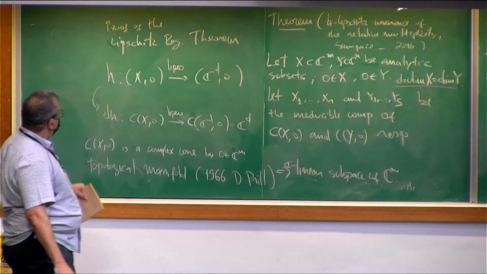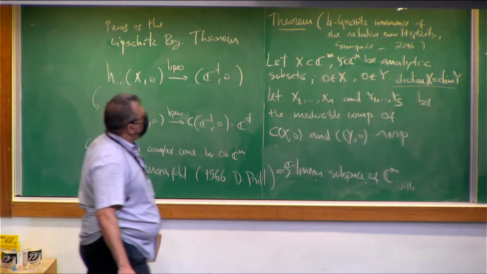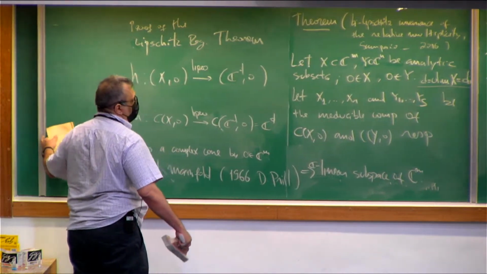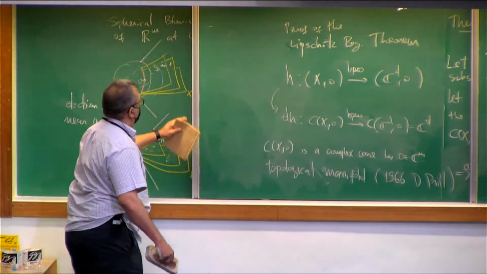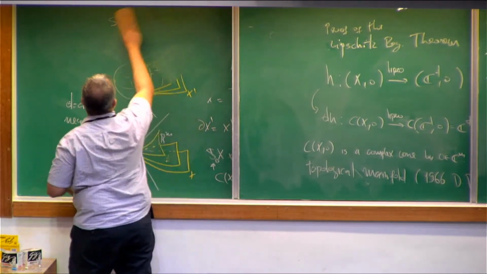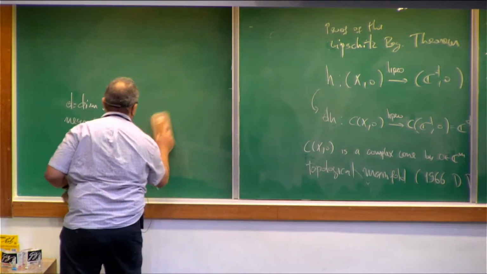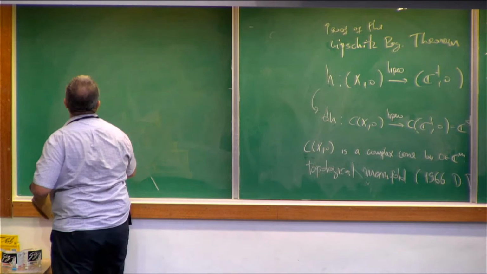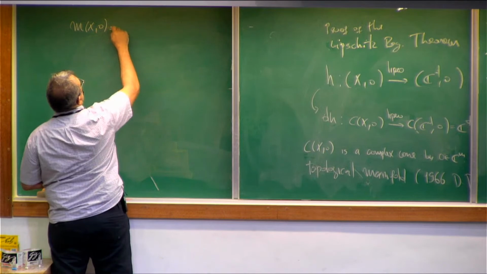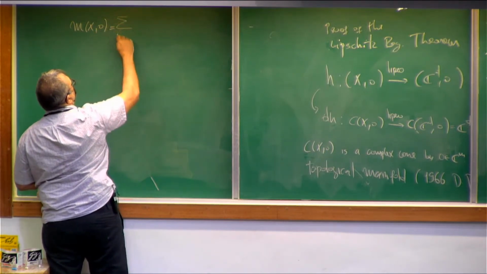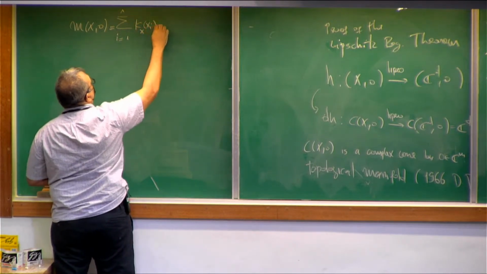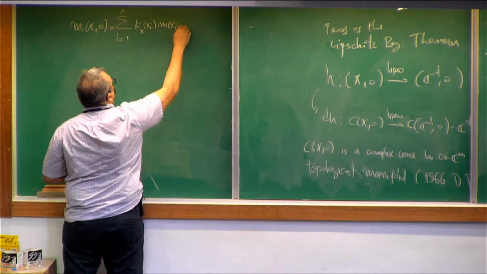Then let me compute the multiplicity of X. The multiplicity of X is equal to the sum from 1 to r of the relative multiplicities of the irreducible components of the tangent cone.